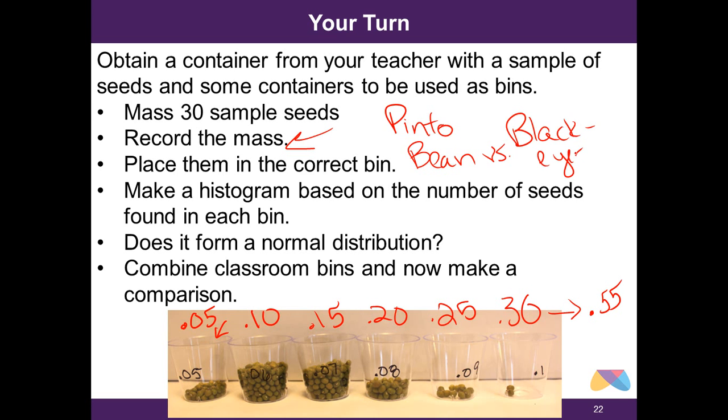Black-eyed peas and pinto beans are much larger than mung beans, so that's why we're using larger bins. All right, so take your 30 seeds, mass them, record the mass, and put them in the correct bin, and then collect class data and make a histogram.